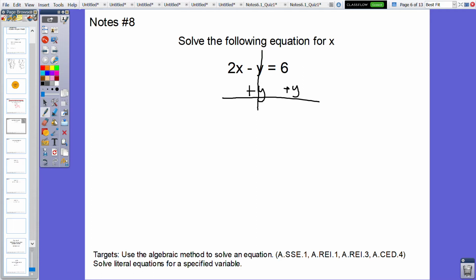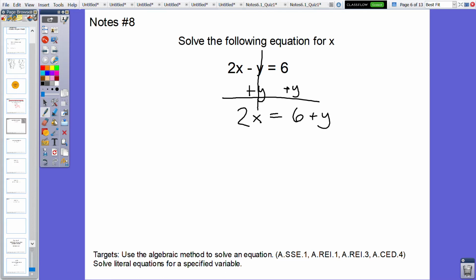Y's are going to cancel. 6 plus y, we don't know what y is, so we're going to leave it that way. So 6 plus y goes on the right side. All I have left is just 2x. Okay? So just like we saw before, if this 6 plus y were a number, we would want to divide both sides by 2 to get x by itself.